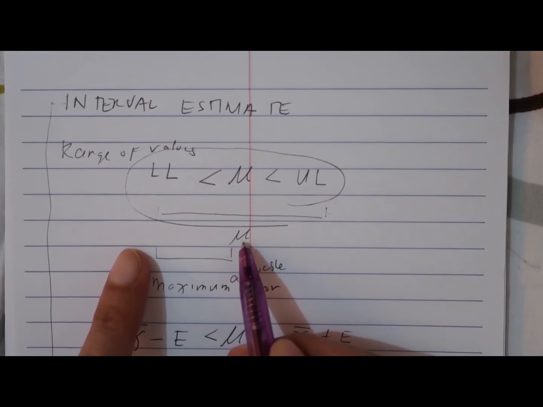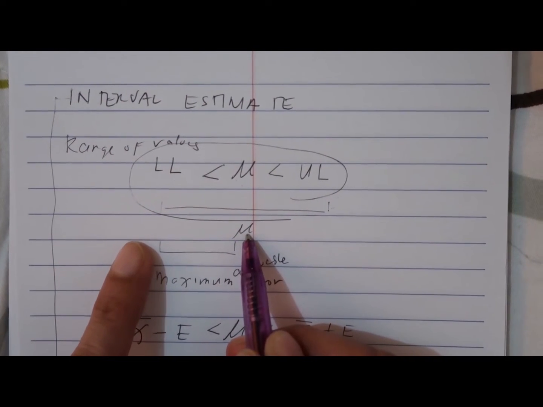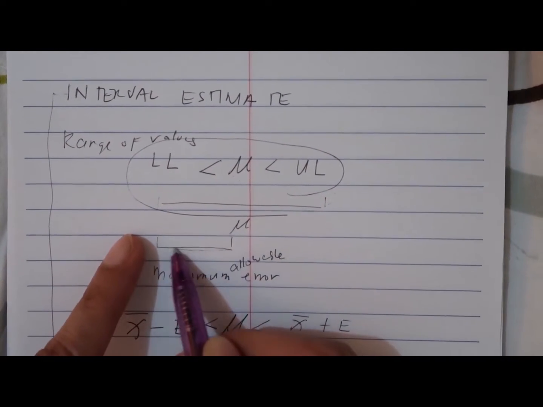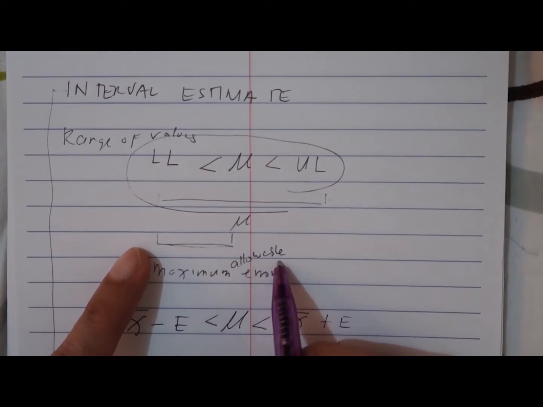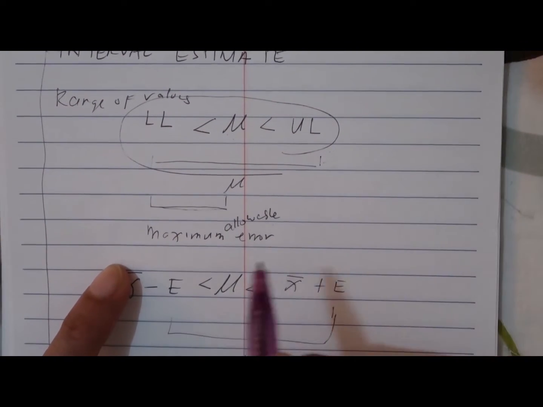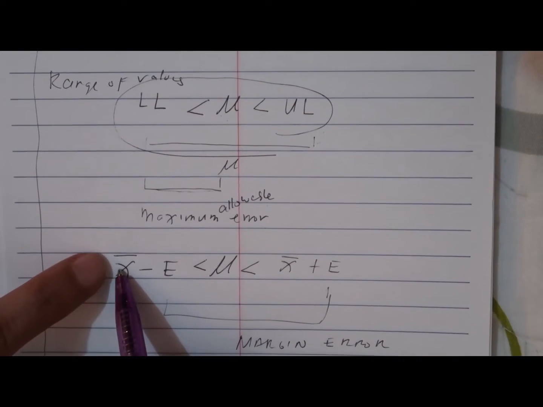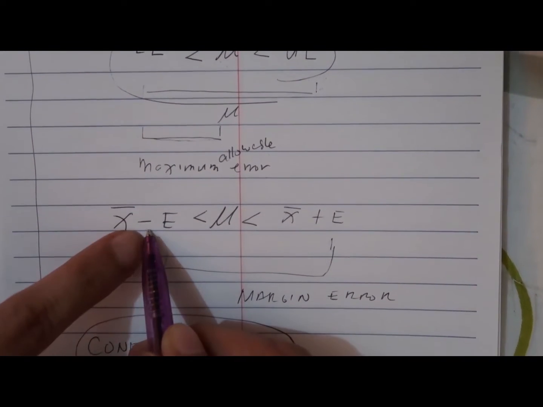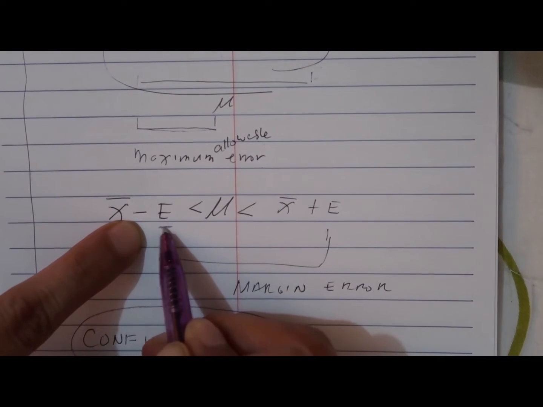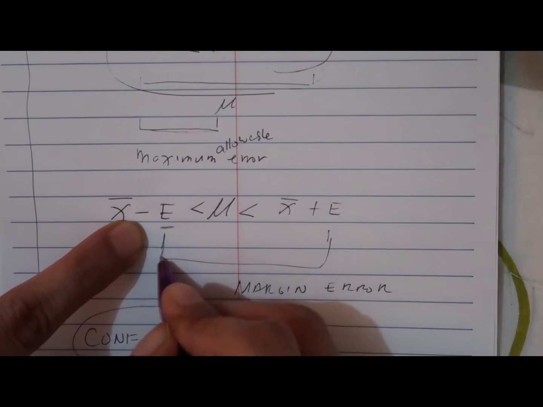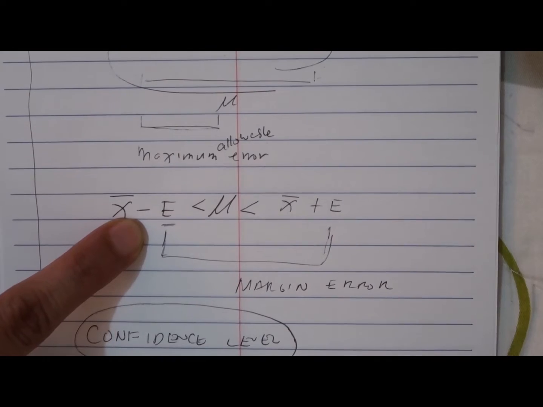The maximum allowable error is the sample mean minus the margin of error. E here refers to the margin of error.